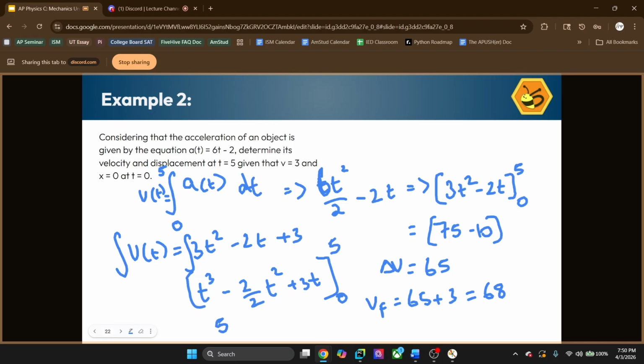And that's 5 cubed minus 25 plus 15, and that is equal to 115. So we know that the delta x is 115, but since the initial position was 0, the final position is going to be 115 plus 0, which gives 115.